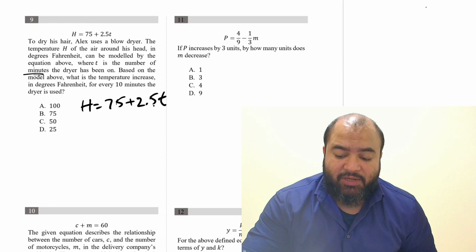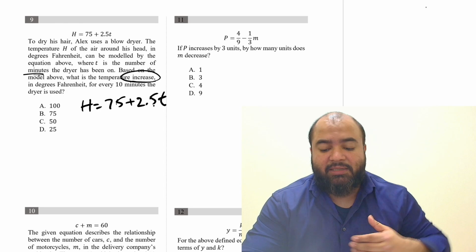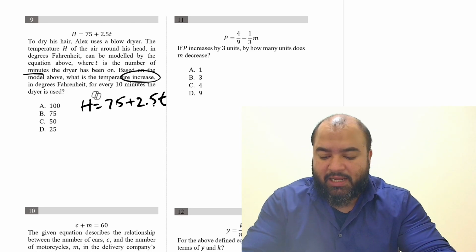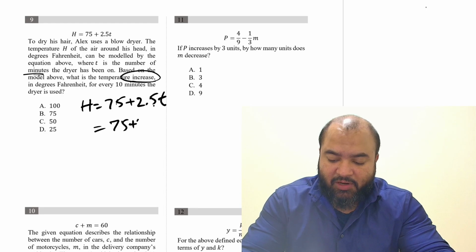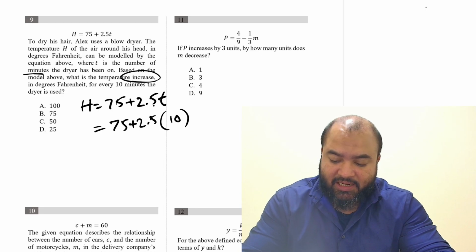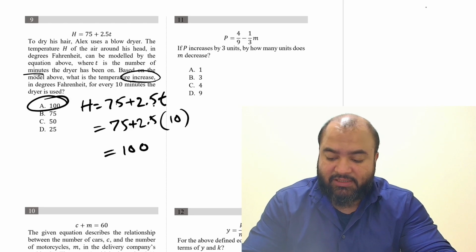Based on the model above, what is the temperature increase in degrees Fahrenheit for every 10 minutes the dryer is used? So just plug in 10 for the 10 minutes. So 75 plus 2.5 times 10. So that's 100. So it will increase by 100 degrees for every 10 minutes.